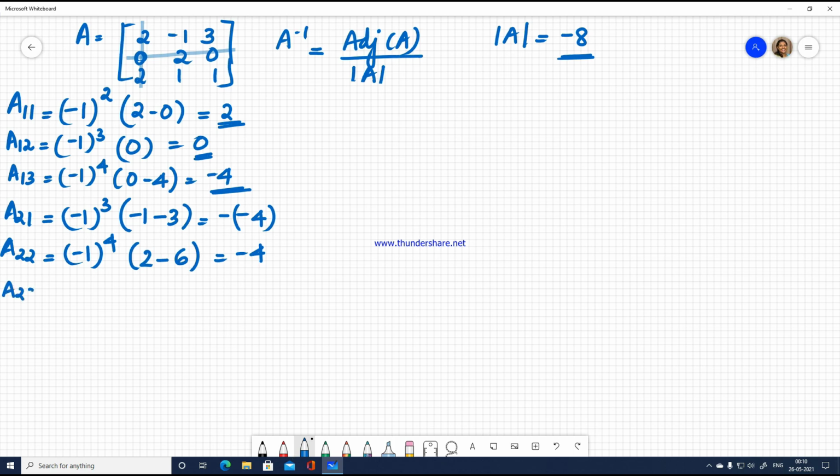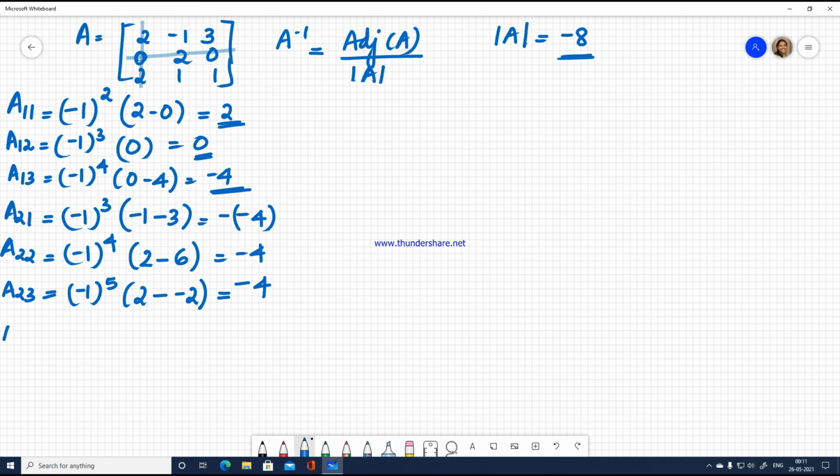Then A23 is equal to minus 1 raised to 5, then cover this one, it will be 2 minus 2, 2 minus of minus 2, it will be 4, minus 4.